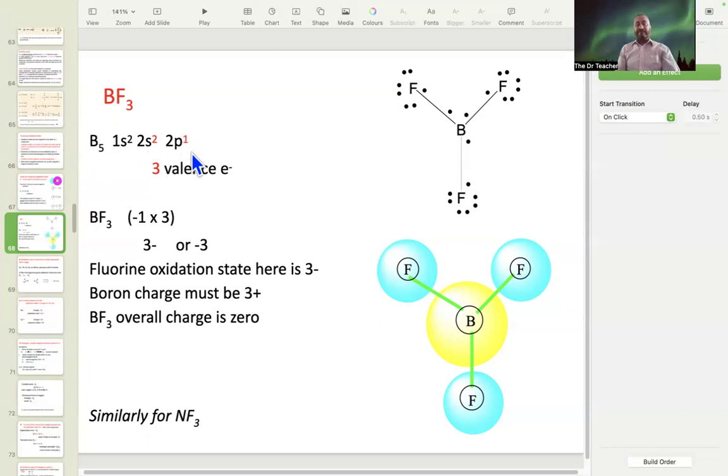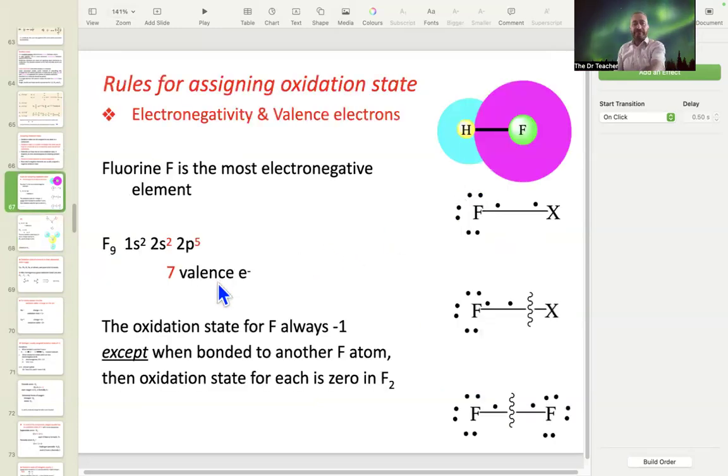They need 3 fluorines. So the fluorine will come with 7 electrons, 3 of them lone pairs, 1 is single. So this single electron from the outer shell, if you remember, fluorine here they have 7.